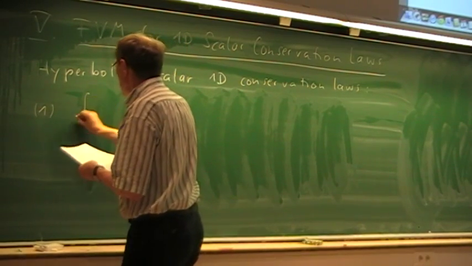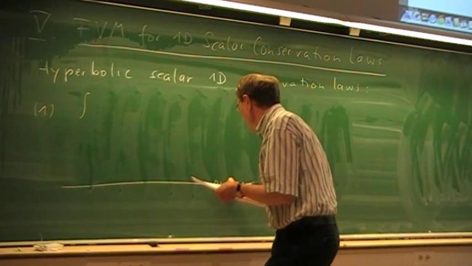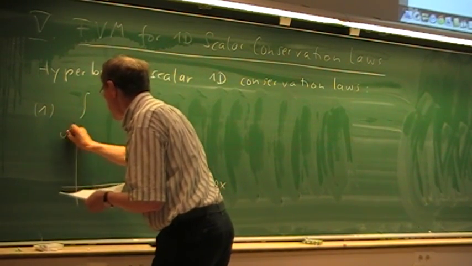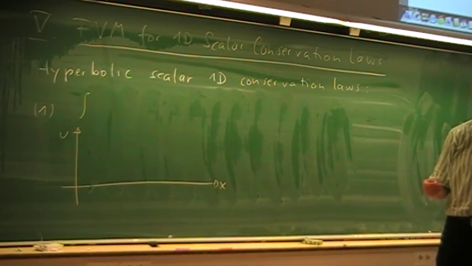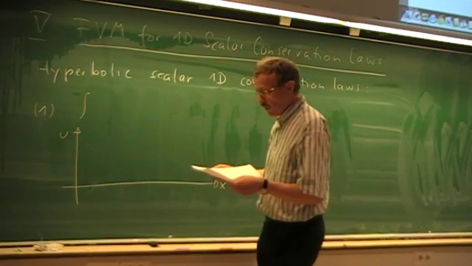We have an integral. And now again our problem is in x, and we change to a general conserved variable, we call it u. Could be velocity, could be concentration, could also be temperature. It can be any conserved variable.